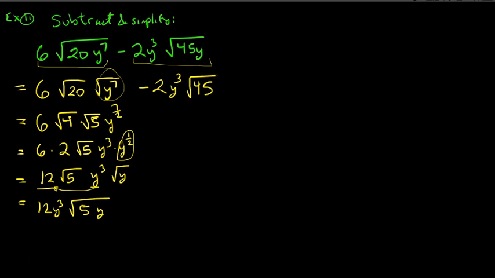So this will now be square root of 45 times the square root of y. And the square root of y is already simplified, so it's just the 45. So what's 45? Well, you could do 3 times 15, but there's no perfect squares here. 15 is 3 times 5, and there you go. 3 times 3 is 9. So this is 9 times 5.